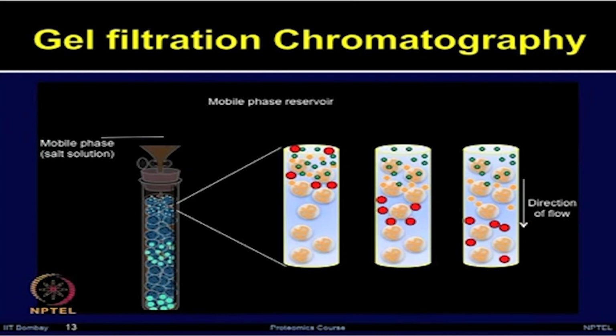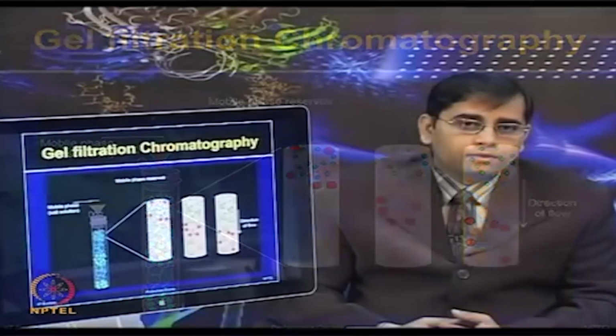When the protein sample is applied to the column, the small proteins pass into the pores of the beads, while the large proteins are excluded. Therefore, this technique is also known as molecular exclusion chromatography.